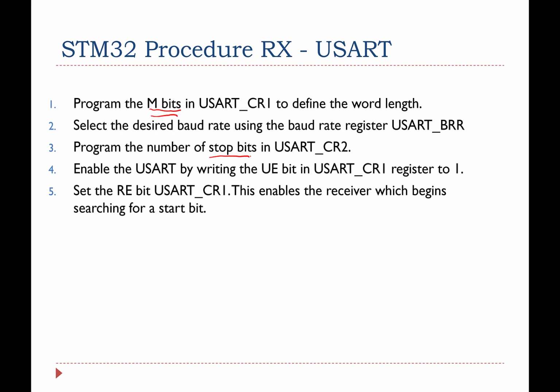We have to write the USART enable in the CR1 register. That's exactly like before, but then we have to set the receive enable bit in the CR1 register. This enables the receiver, which then will start looking for that start bit. And then once we get data in, it will come into the receive data register, the RDR register.